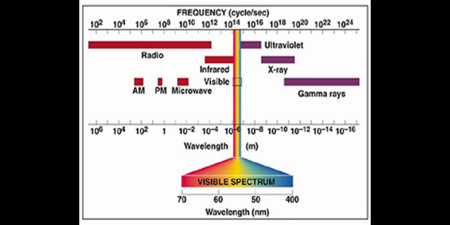The visible and infrared rays have very small wavelength, and the frequency you can see is 10 raised to 14, which means 1 crore into 1 crore. That amount of frequency is very much higher. So for short wavelength, we can easily say that the wavelength is inversely proportional to frequency.